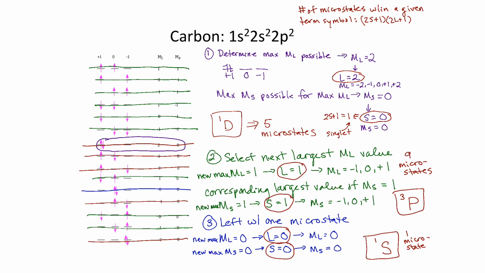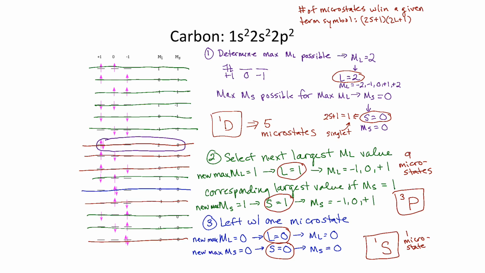If we take our second term symbol as an example, 2S plus 1 would give us 3, times 2L plus 1, which would give us another 3.